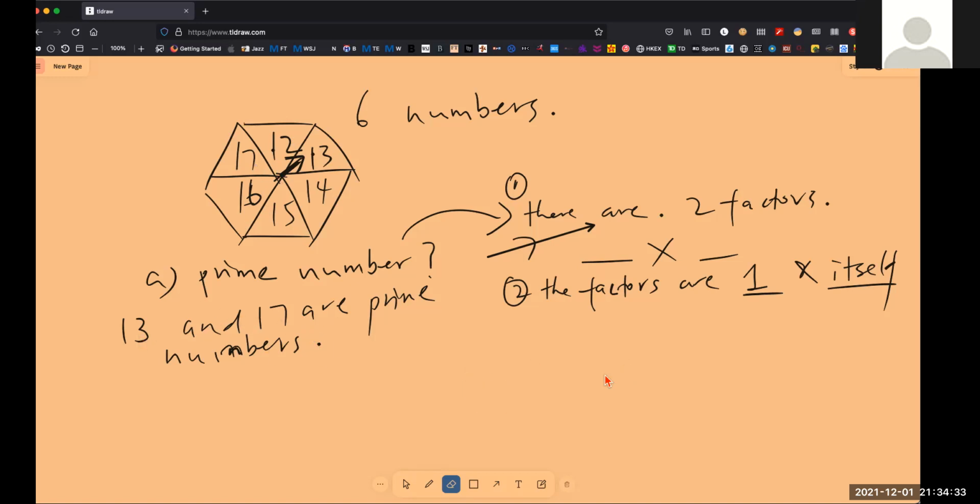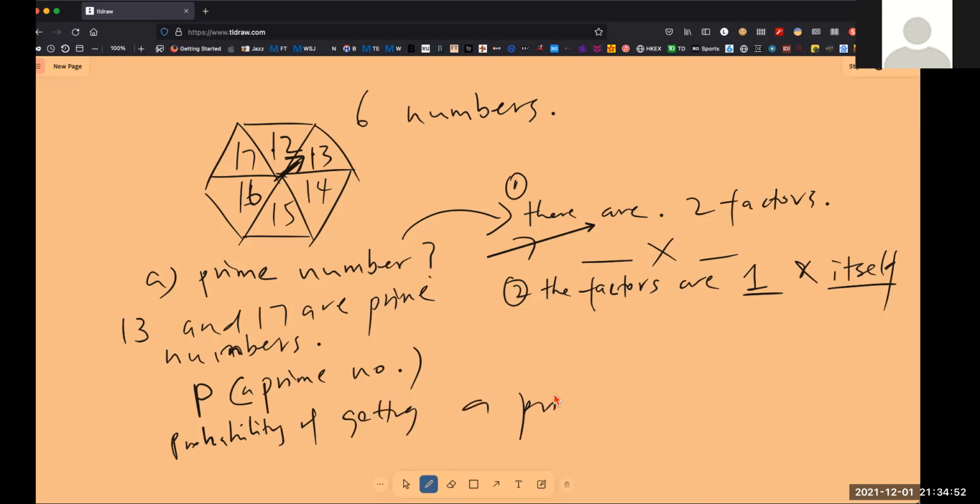So now the question is, they want to find the probability of getting a prime number. By the way, this mathematical expression means probability of getting a prime number. So what do you think?